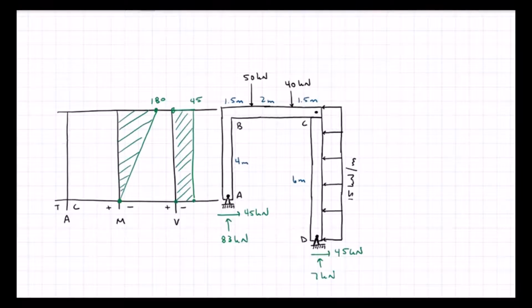Last is my axial force diagram, and I've got my 83 kilonewtons acting up, which is compressing my member. So my axial force will be 83 in compression for the entire span of the member.